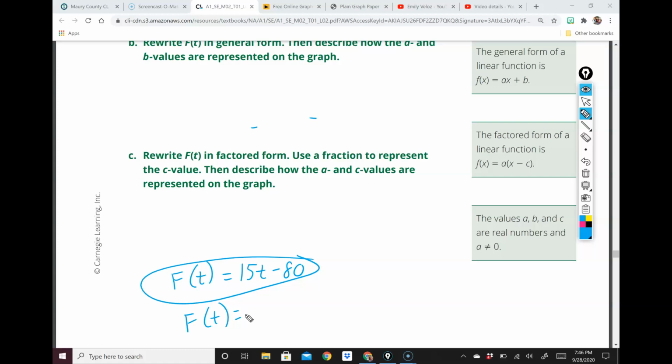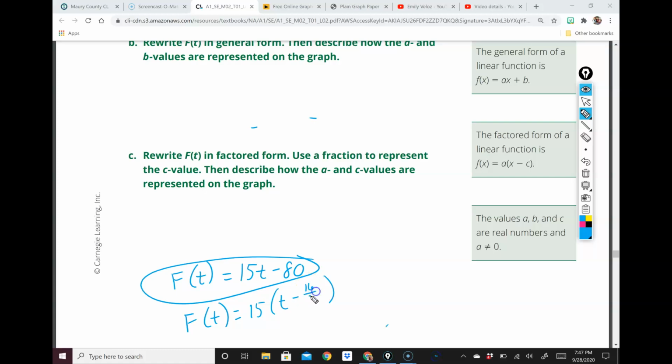I know that I'm going to take away the slope, so I'm going to divide out the 15, and that's going to be a t. So the factored form is the reverse of the distributive property. So 80 divided by 15 gives me 16 over 3.